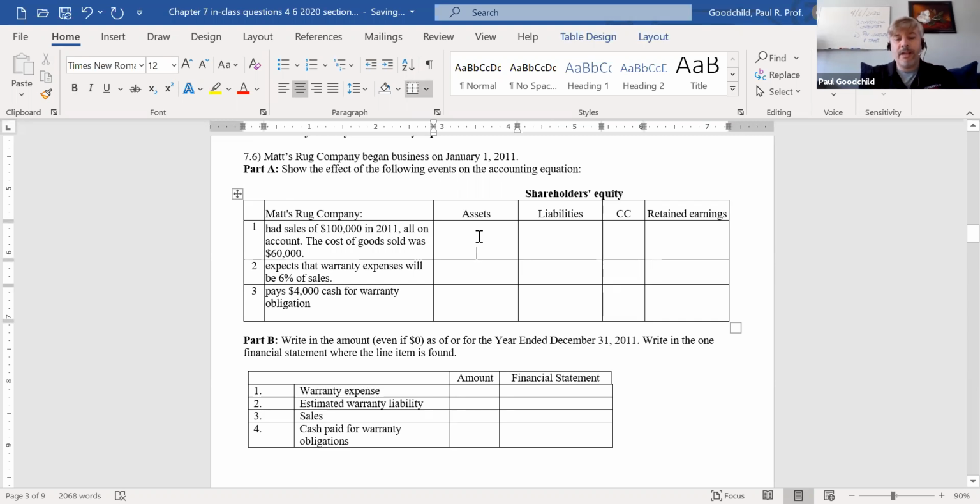So for assets, 100,000 accounts receivable, 60,000 reduction in inventory. And then retained earnings, 100,000 in sales, 60,000 in cost of goods sold.